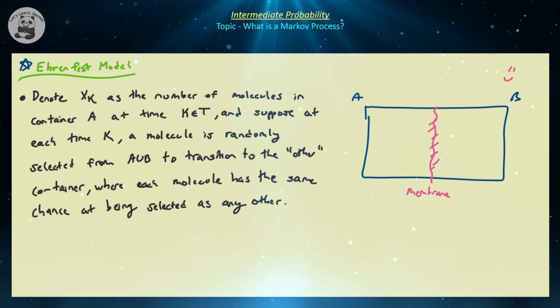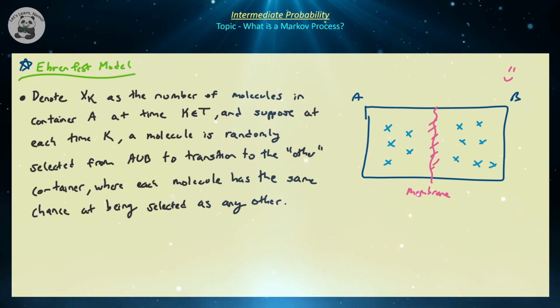And we're going to have a bunch of particles in container A and a bunch of particles in container B. It's possible that container A contains no particles, it's also possible that B contains no particles, but let's assume for the sake of usefulness that both A and B contain at least one.